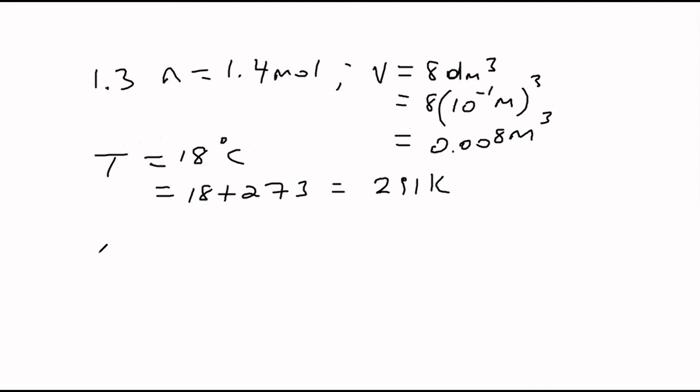Okay, so to calculate the pressure, we use this formula PV equal to nRT. So let's substitute. Pressure is what we are looking for. Volume is 0.008 meter cubed.